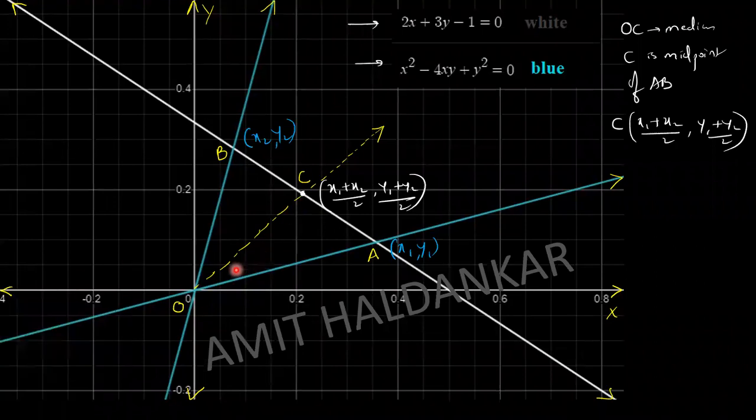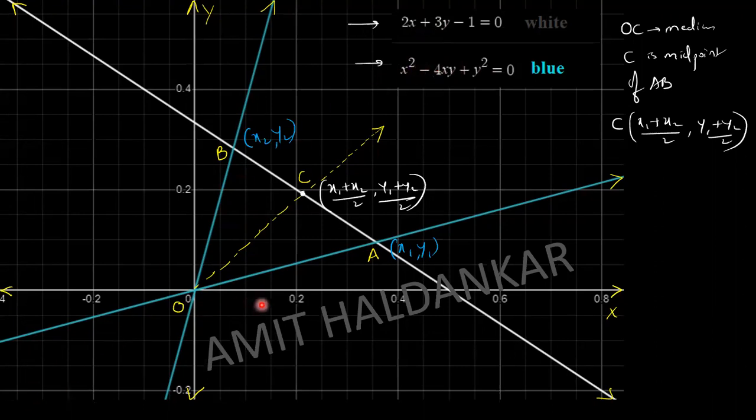So I'll just summarize what we did. We have these two lines whose combined equation is given, and we have this line which is over here. So we eliminate one of the variables and substitute over here so that we get the value of either x or y, and then we turn this into a quadratic equation in one variable.